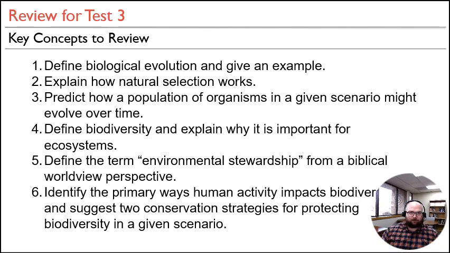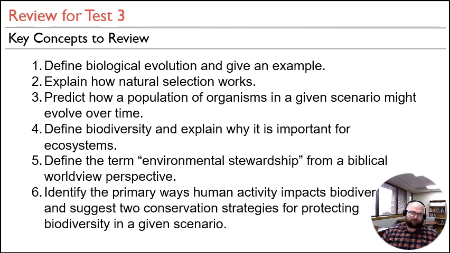In the second scenario, you're going to be given a scenario where an ecosystem is under threat. There are changes in the habitat that are creating loss in biodiversity, and you're going to think through that scenario and answer questions. First, you're going to be asked to define biodiversity and explain why it's important.